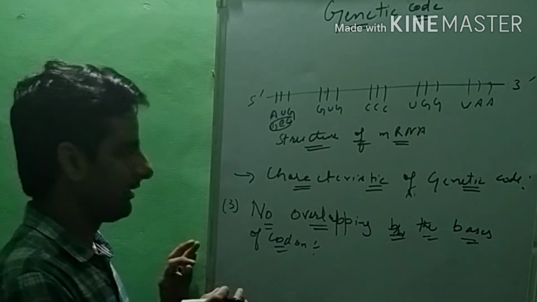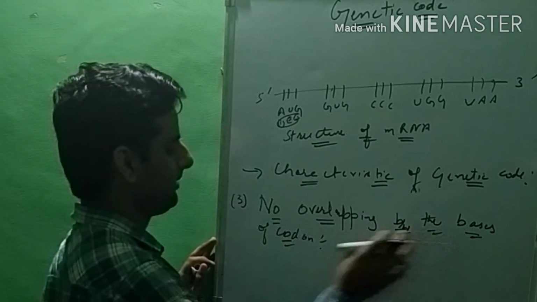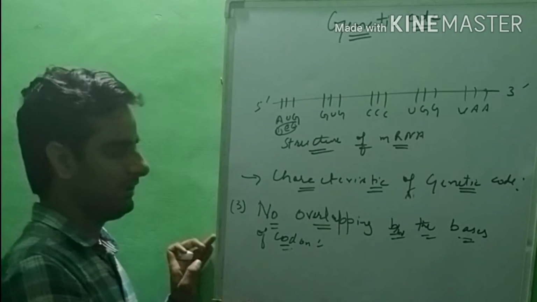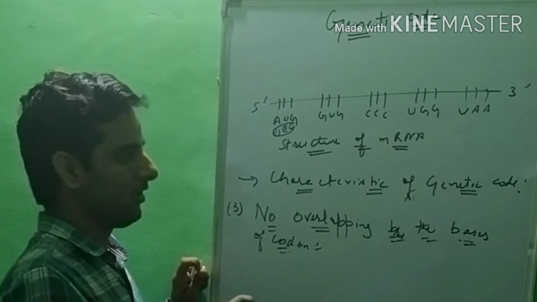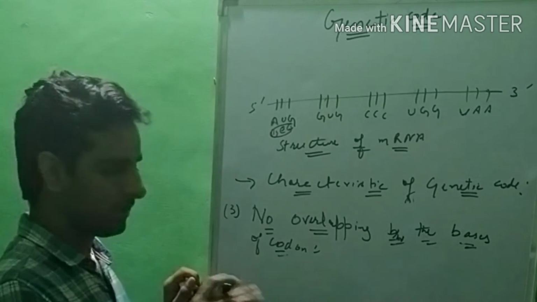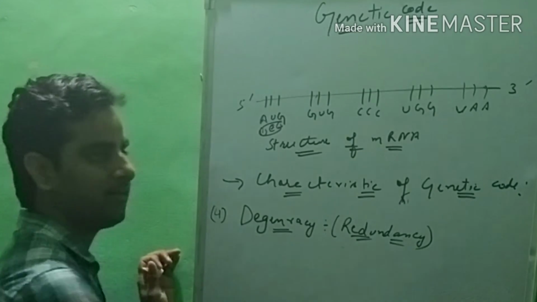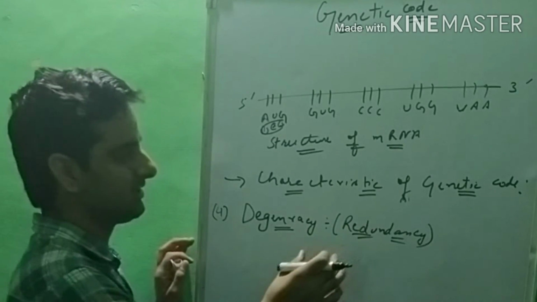Another characteristic of the genetic code is that there is no overlapping between the bases of the codons. This means that no codon shares its base, or in other words one nitrogen base becomes the part of only one codon and it cannot become the part of another codon. Another important feature of the genetic code is degeneracy or redundancy.